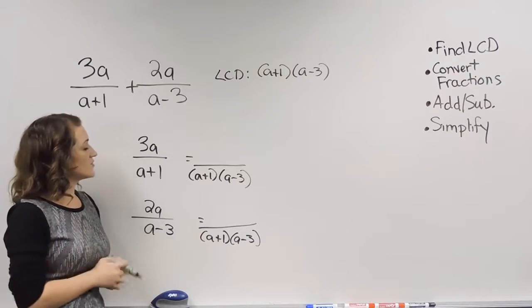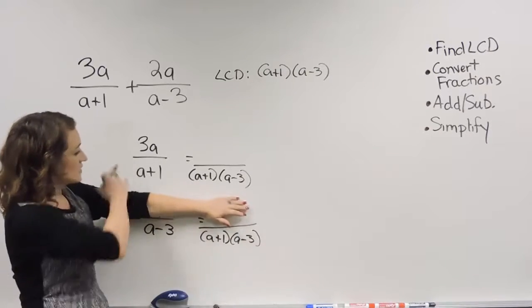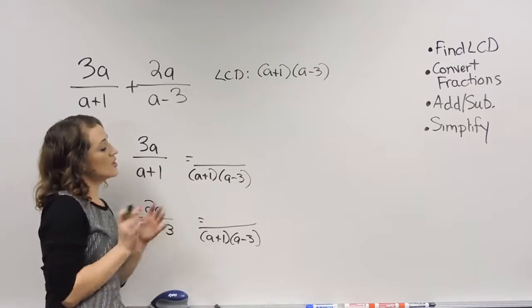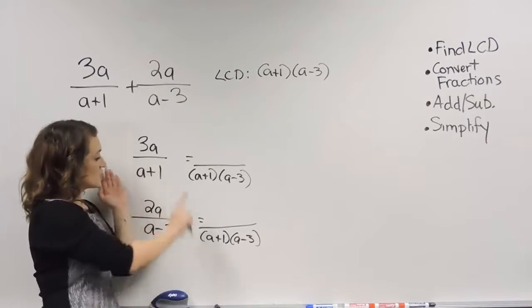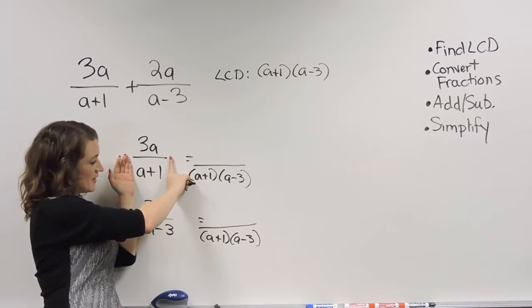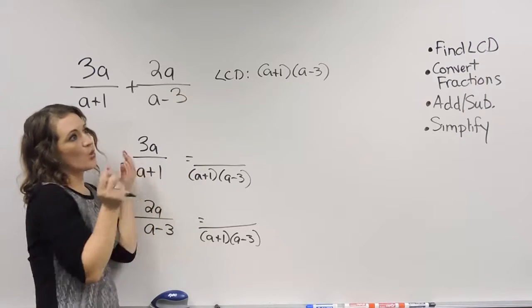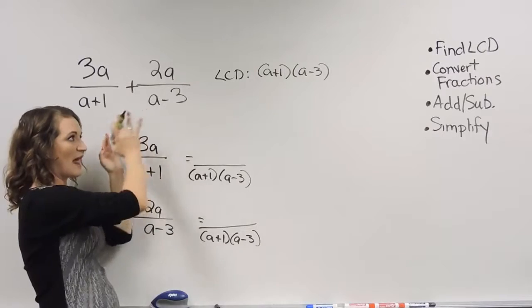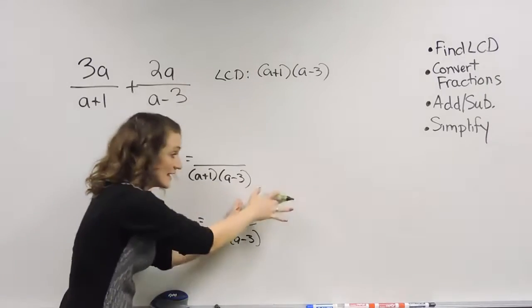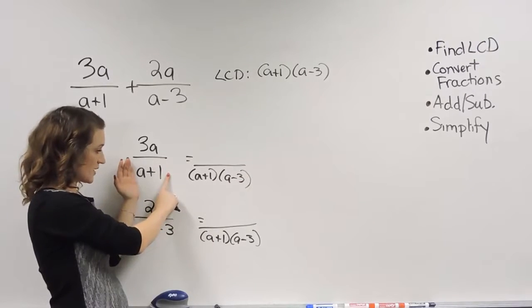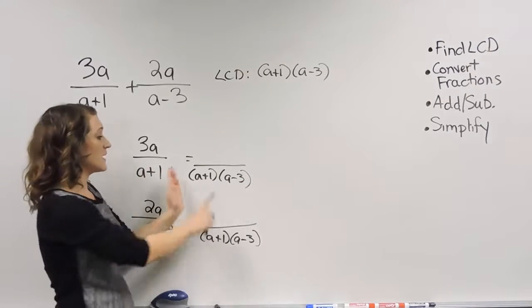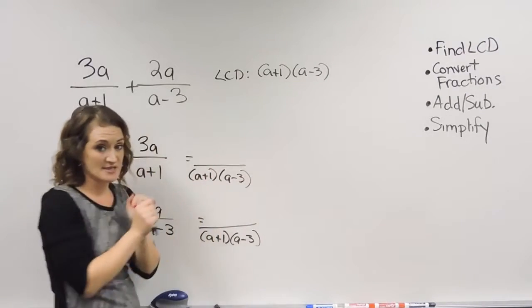Let's start with the top one. What you always want to do, or your thinking process, is this: you take a look at your current denominator and think, what do I need to multiply that by to make it my common denominator? I have an a plus 1, but I need it to be a plus 1 times a minus 3.